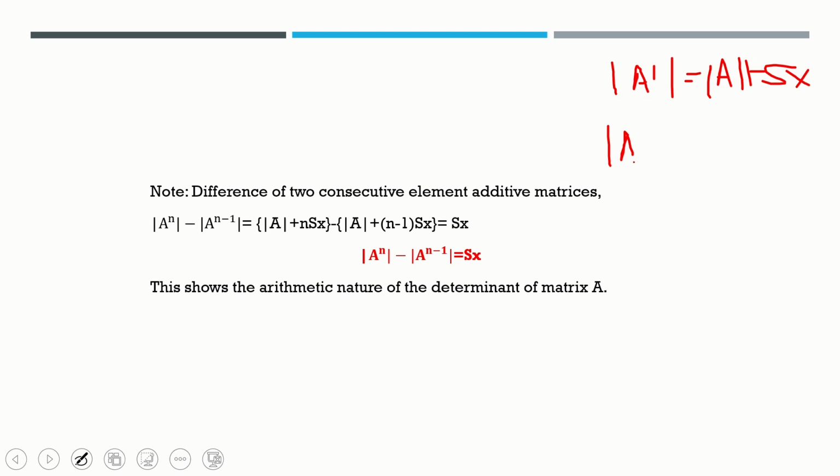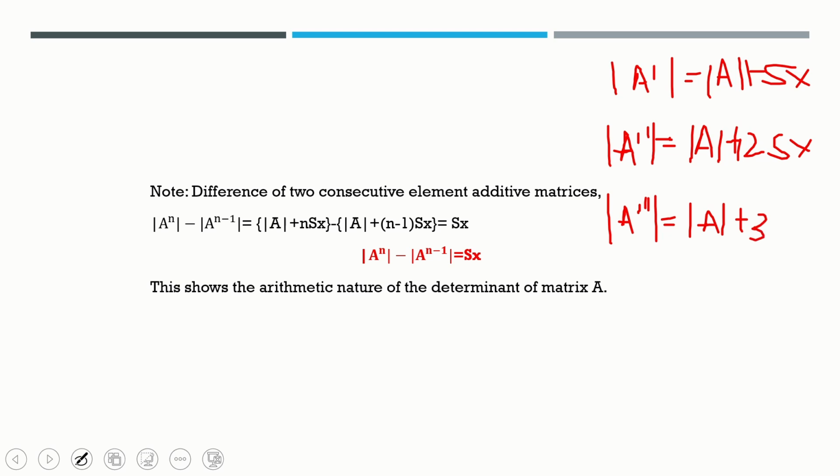You know A double dash is A plus 2Sx. You know A triple dash is A plus 3Sx, right?